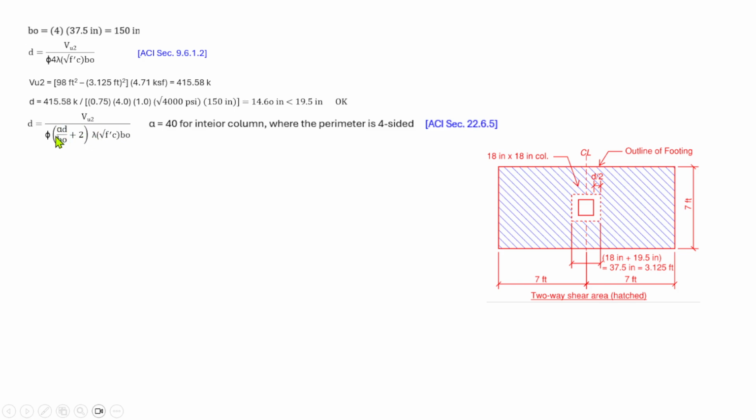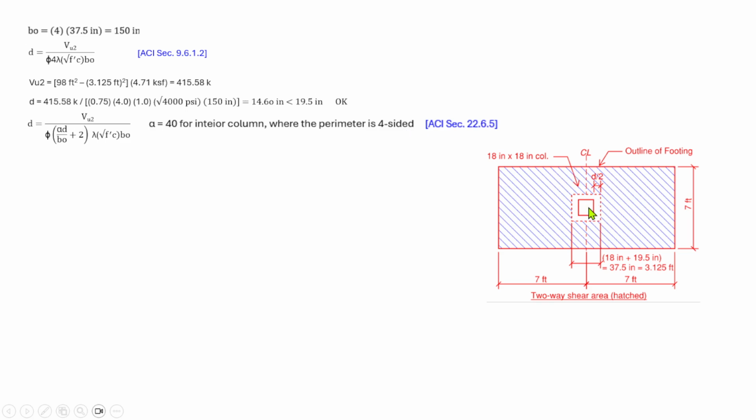So we have d equal to Vu over phi times alpha s d over bo, which is the perimeter, plus 2, times lambda square root of fc prime times bo. Here, alpha s is 40 for interior columns. This column can be considered an interior column because the perimeter is four-sided.